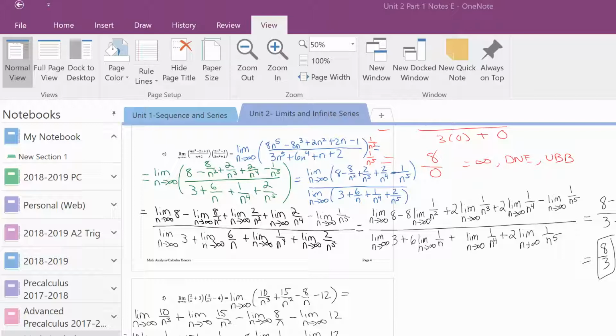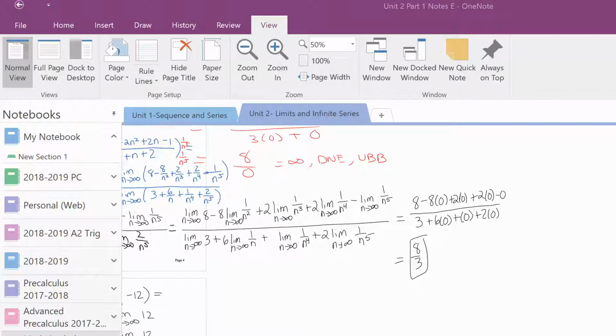Then you take the limit of the numerator divided by the limit of the denominator, split them up into each individual term, factor, basically move the constants to the front for all the fractions, and then you find the limits. So notice it's equal to 8/3.